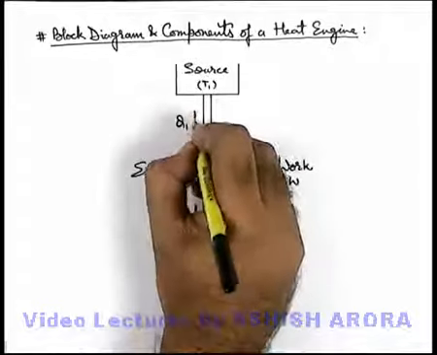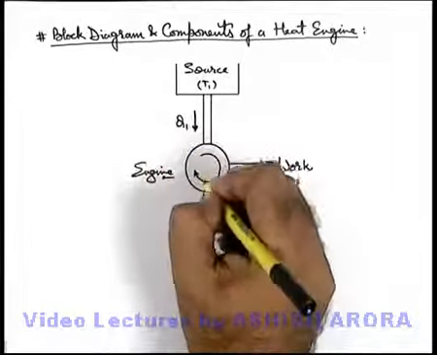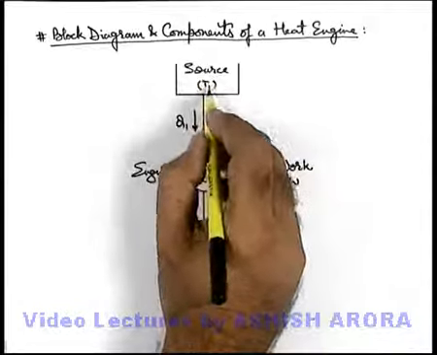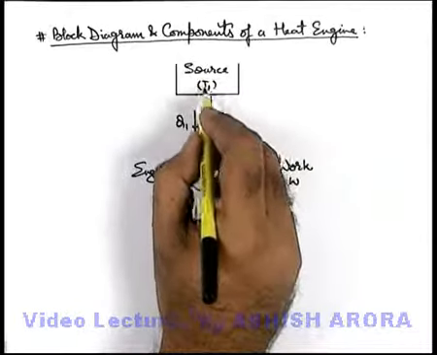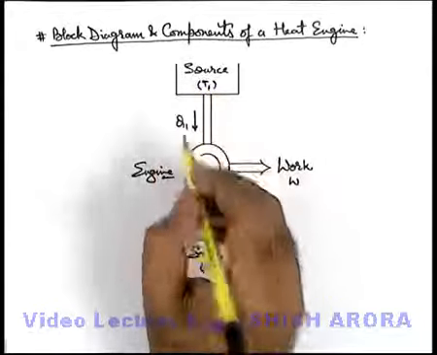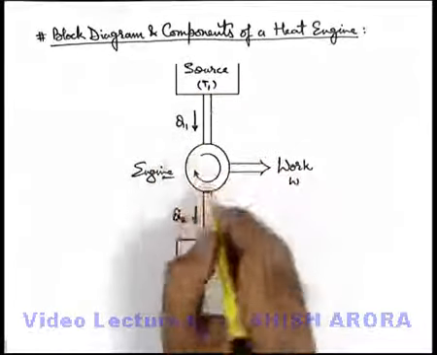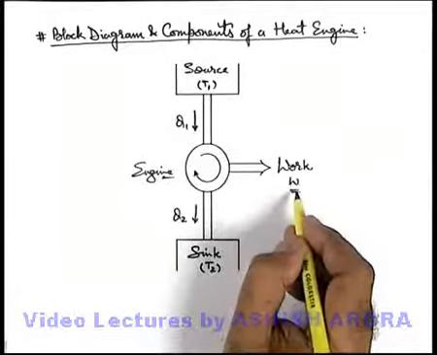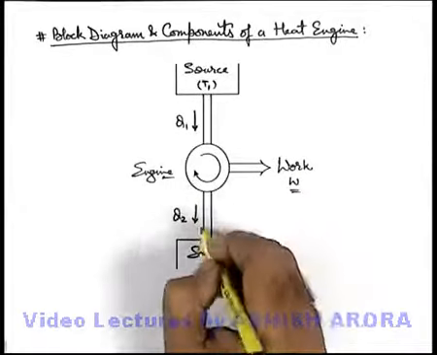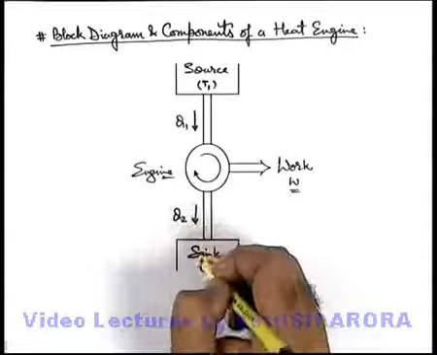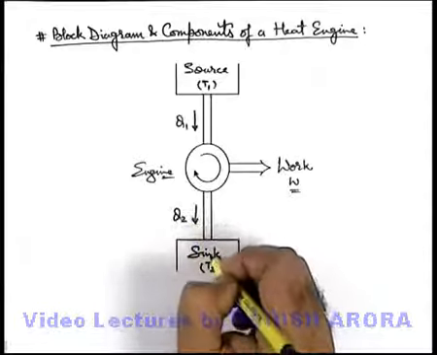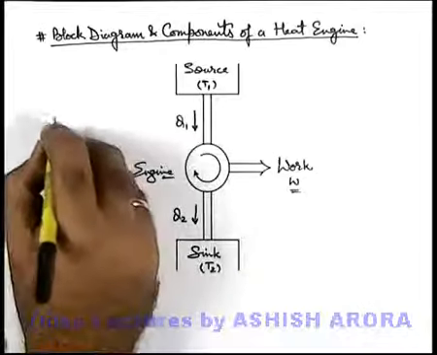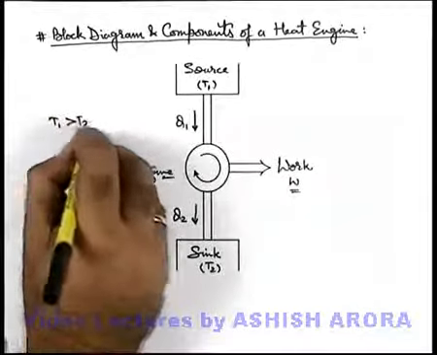It takes heat to initiate the process from a region which we call the source, which is at a high temperature zone. Say it is at temperature T1. And when it does work on the surrounding, say it does a work W, some amount of heat is rejected to the surrounding or a zone which is at lower temperature, which is termed as sink. Say sink is at temperature T2. So always remember T1 is always more than T2.